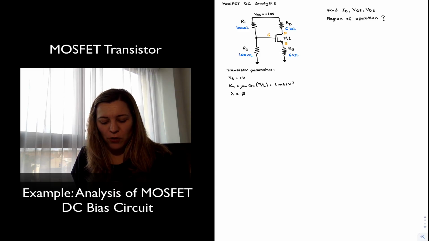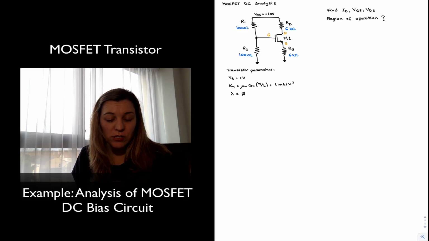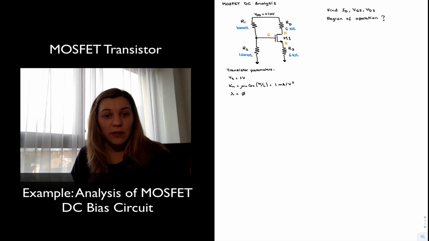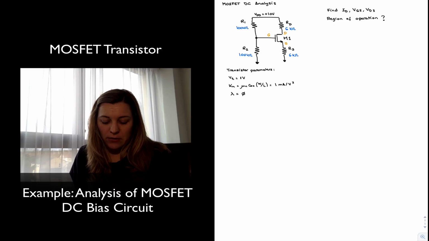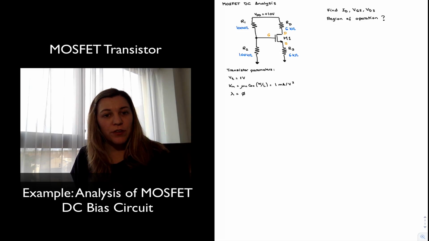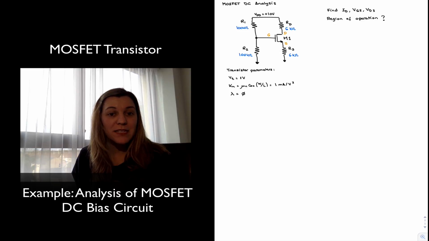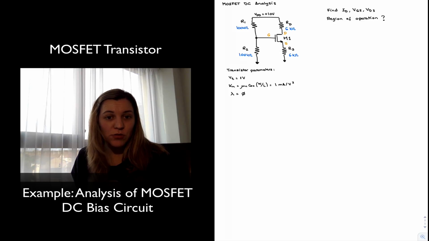Notice that if you had a PMOS transistor, normally instead of Kn, you might be referring to Kp, and sometimes the threshold voltage is specified as VTN or VTP, depending on whether you have an N-channel or P-channel MOSFET. The threshold voltage is easy to see though, because for a P-channel MOSFET, it'll just be a negative value.